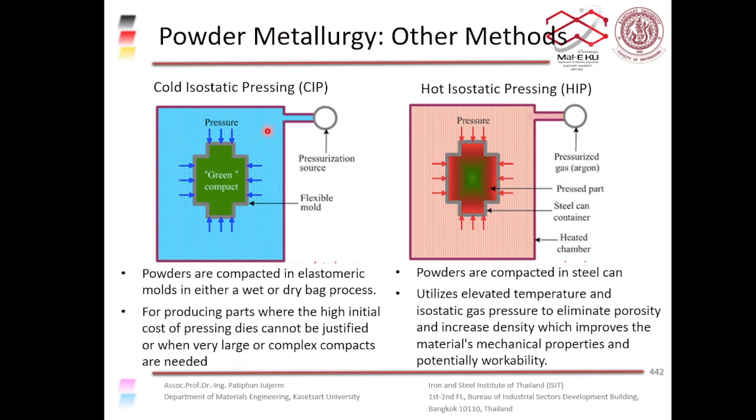Okay, so next, other methods of producing powder metallurgy products. We have cold isostatic pressing and hot isostatic pressing.